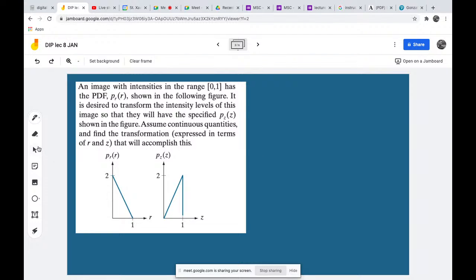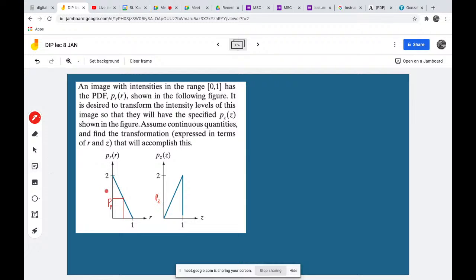So let's take an arbitrary value as Pi, or in fact I don't have to take i, it's PR, and this is PZ.